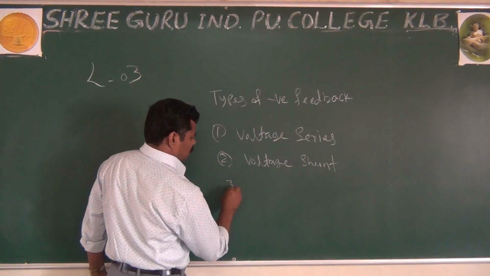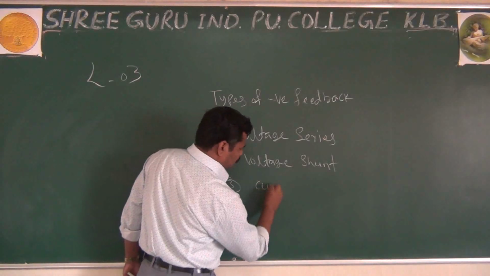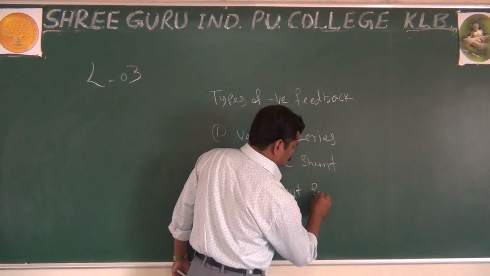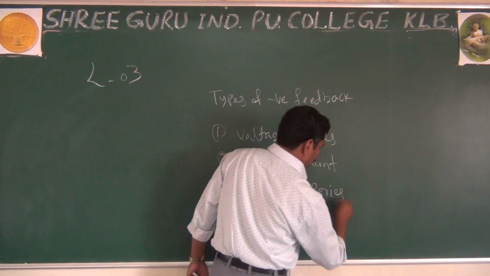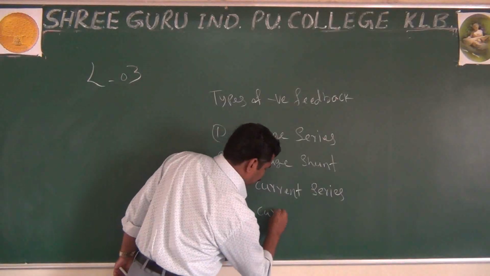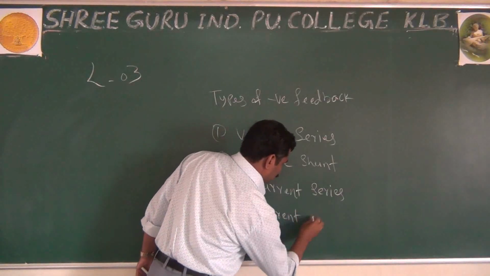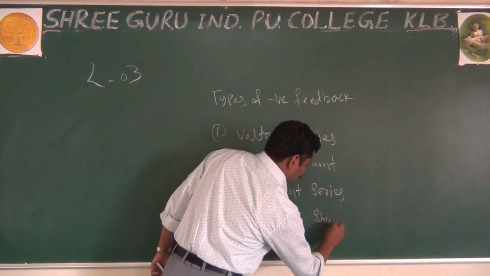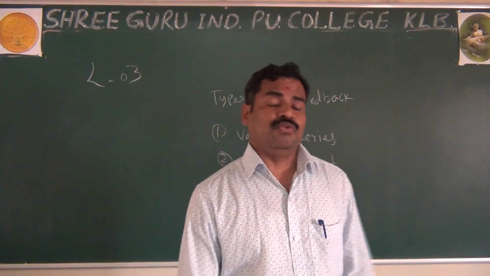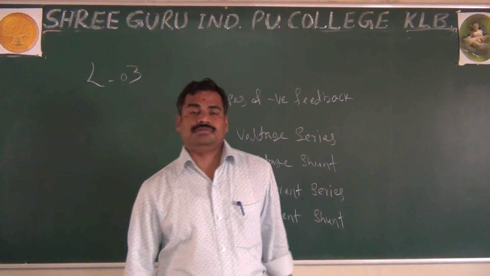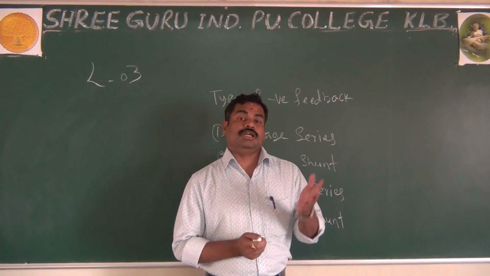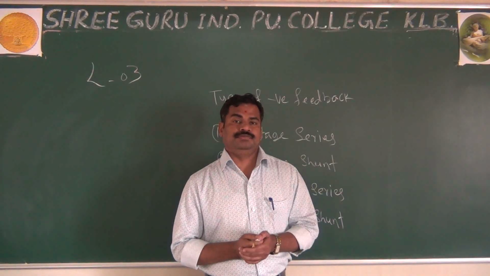The third one is current series, and the fourth one is current shunt. I gave a very simple way of how to remember all four types of negative feedback.